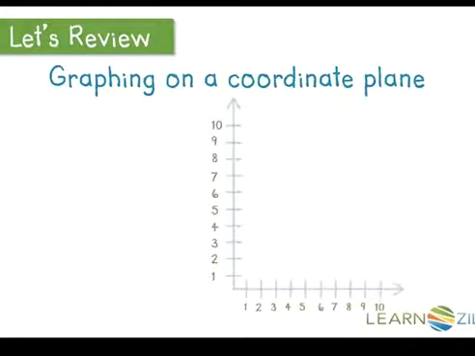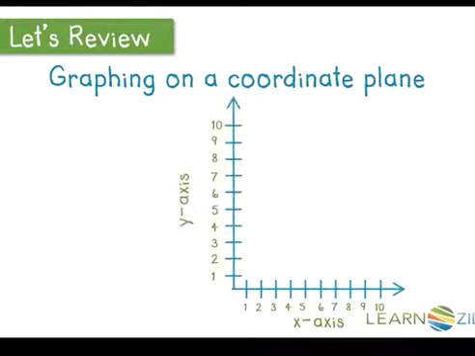Let's review. When graphing on a coordinate plane, we have a horizontal axis, which is the x-axis, and a vertical axis, which is the y-axis. When graphing a point, we must remember that the first number is your x-coordinate and the second number is your y-coordinate.